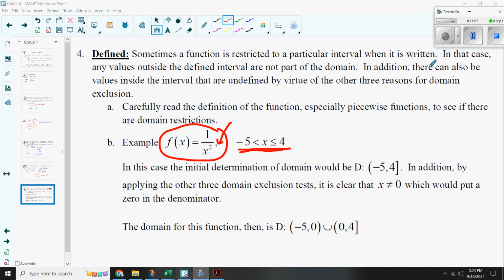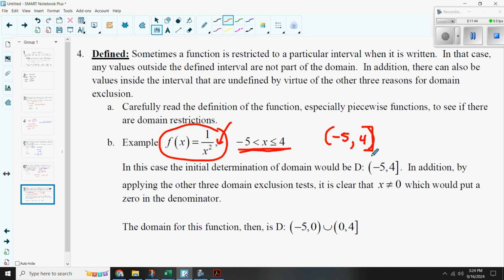So you might think that the domain for this function here is simply -5 to +4. Oh, +4 would be included because it's less than or equal to. So I'm going to use a bracket there.